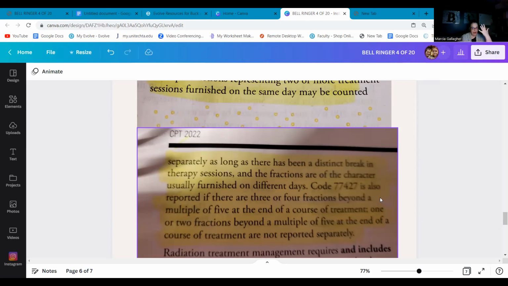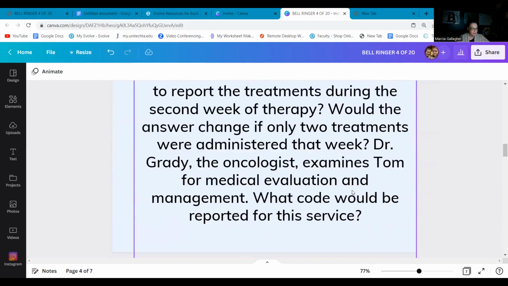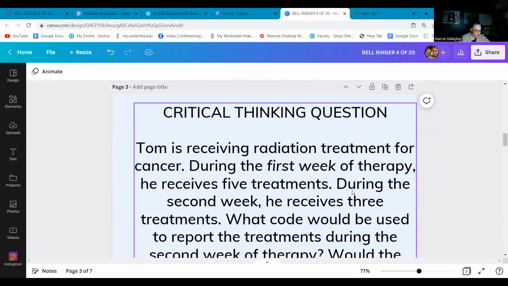That means that if we had 5, and then we have 3 more, which is 8, in a separate session, we're still going to use code 77427. So I'm going to read the discussion guideline, which is the answer to our critical thinking question.